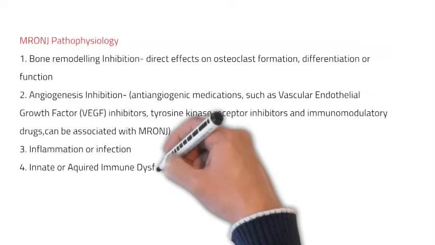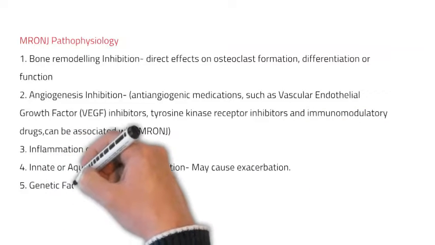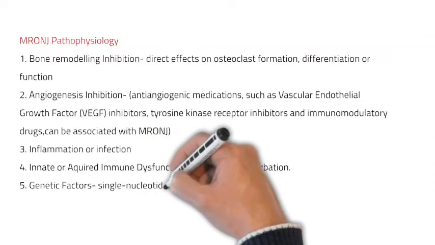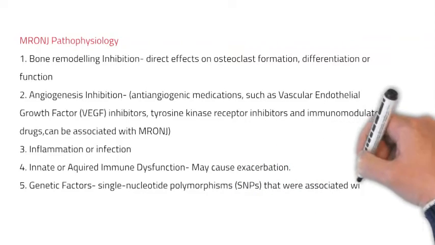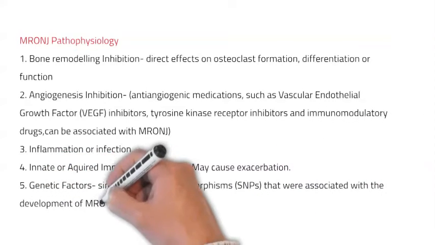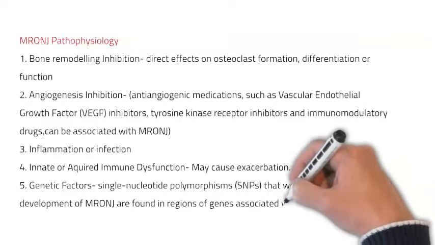Innate or acquired immune dysfunction may lead to exacerbation. Genetic factors such as single nucleotide polymorphisms (SNPs) that were associated with the development of MRONJ are found in regions of genes associated with bone turnover.